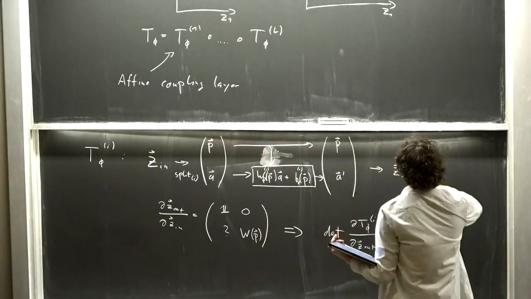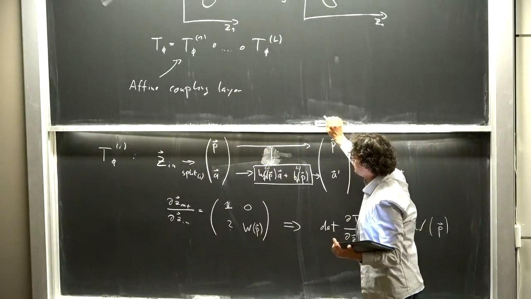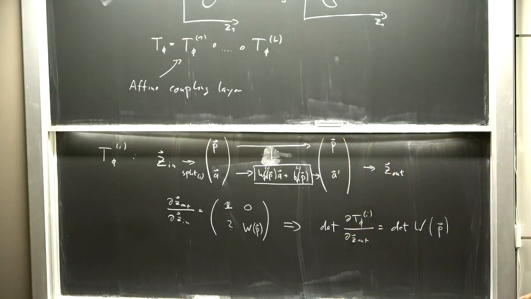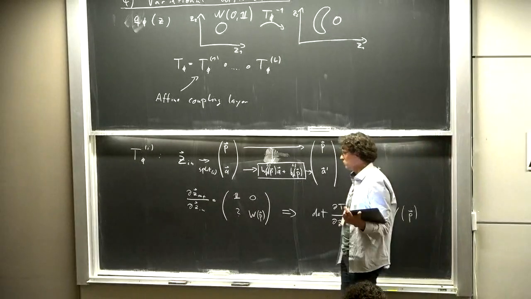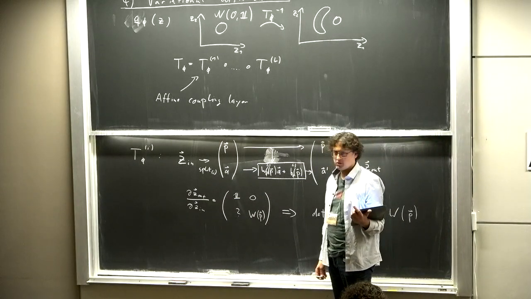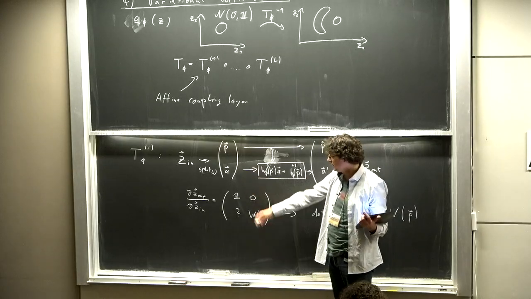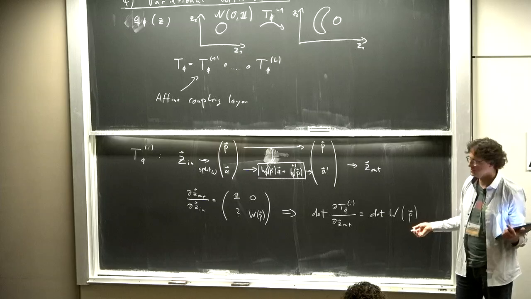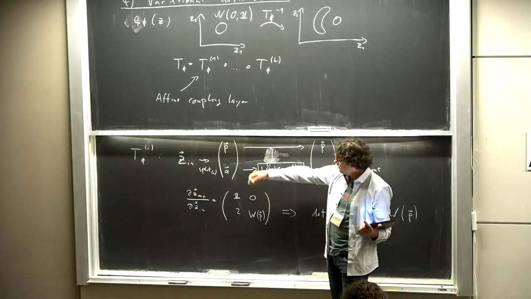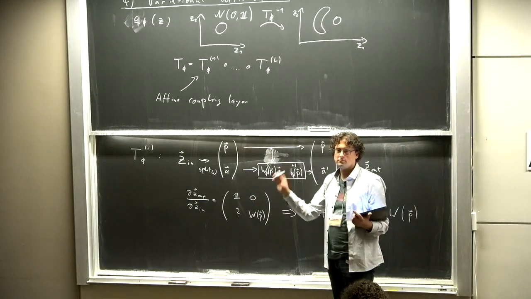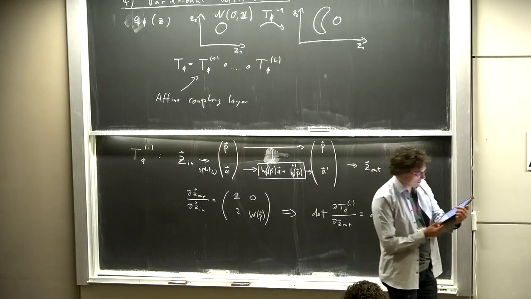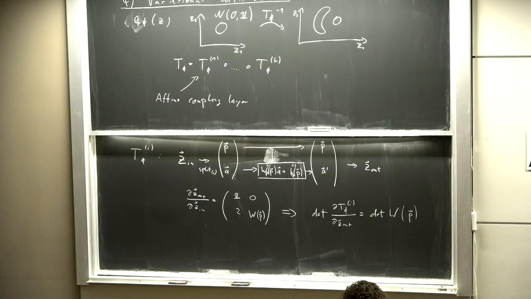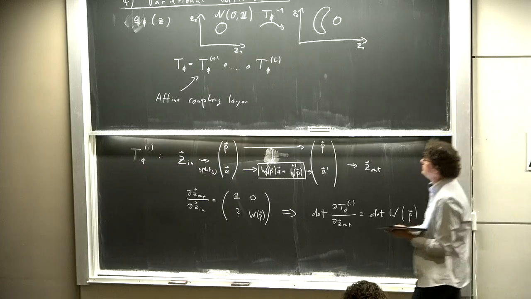OK, so that's everything I want to say about this. It's a neat trick that one encounters over and over again in building machine learning algorithms: building transformations for which you can get easy determinant calculations by keeping part of the Jacobian 0. And then things are easy to calculate. So this is called an affine coupling layer.